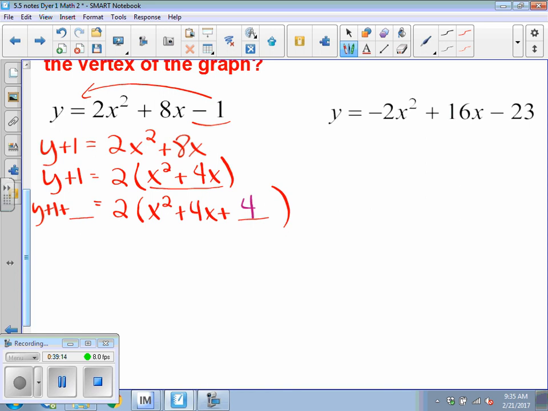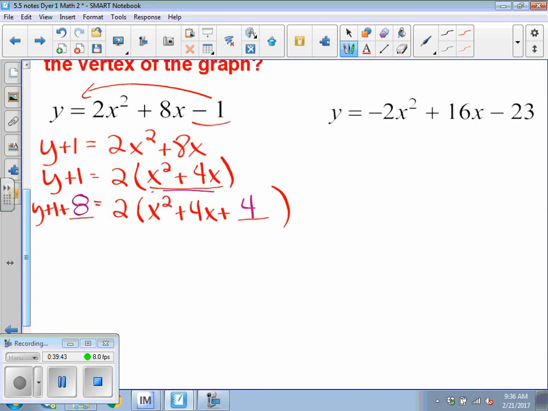So I didn't just add 4, I added 2 times 4, which is 8. In order for it to stay balanced, you have to add the equal amount to the other side. Now, if I hadn't factored out a 2 first, then you would just add 4 to both sides. But since I did, you have to multiply that times the number on the outside first, so that it stays balanced. You don't want your teeter-totter to be off.